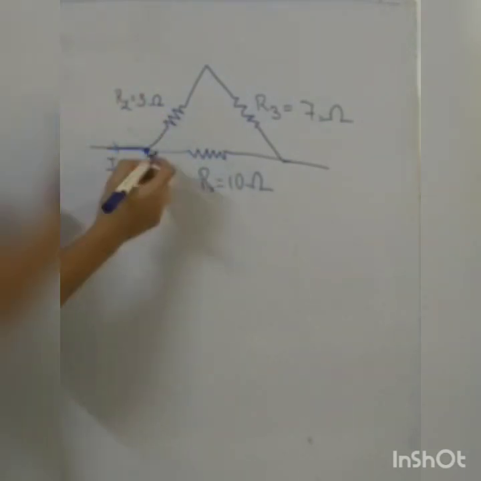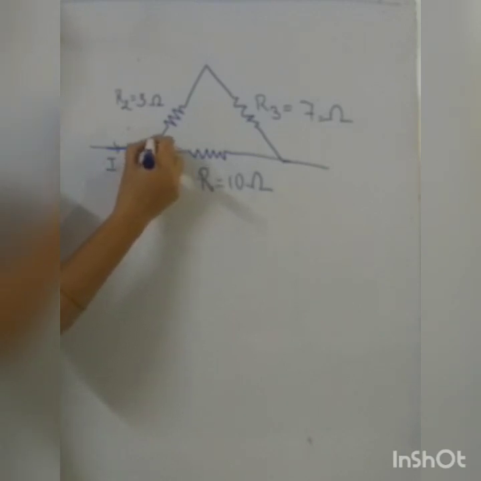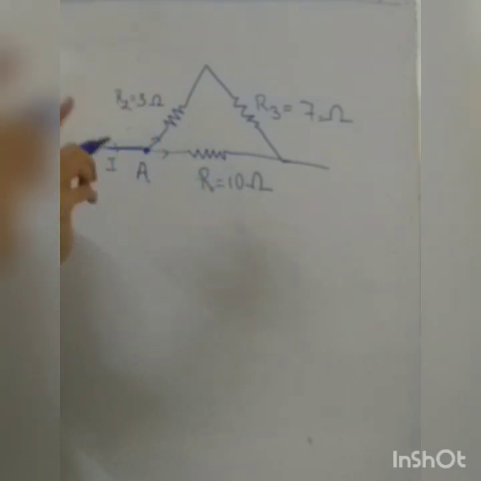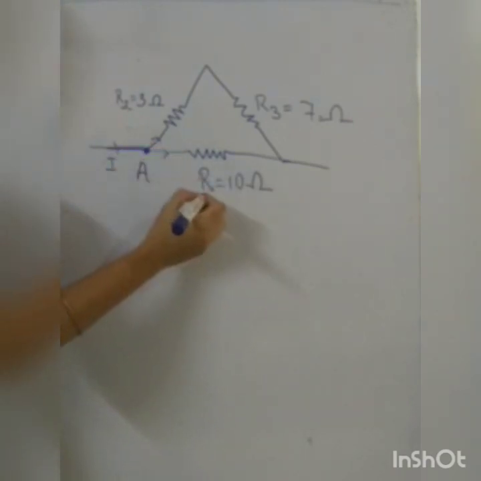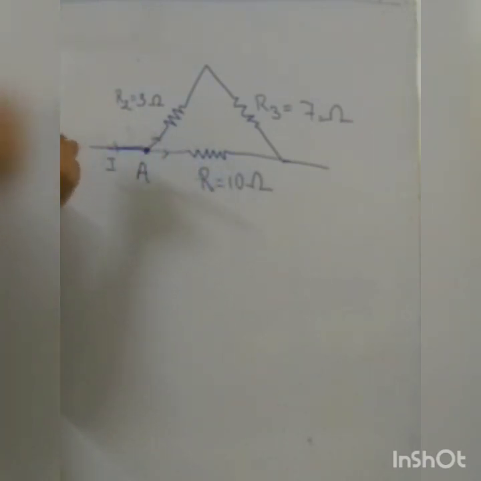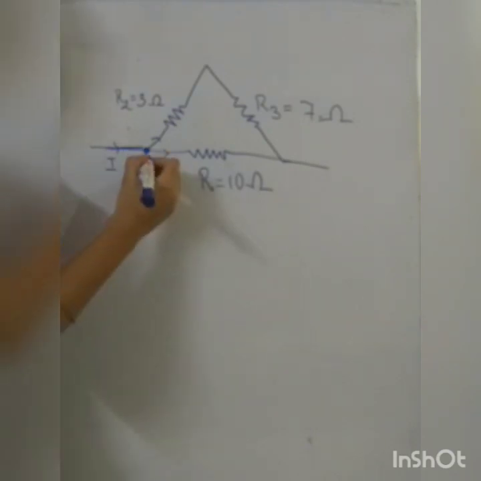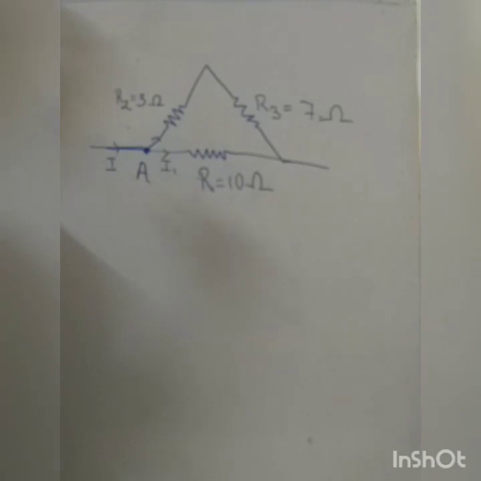So my current is going to get divided. Now you know your current is divided when there is parallel connection. So your R1 and R2 are in parallel. So from R1, my I1 amount of current will flow.